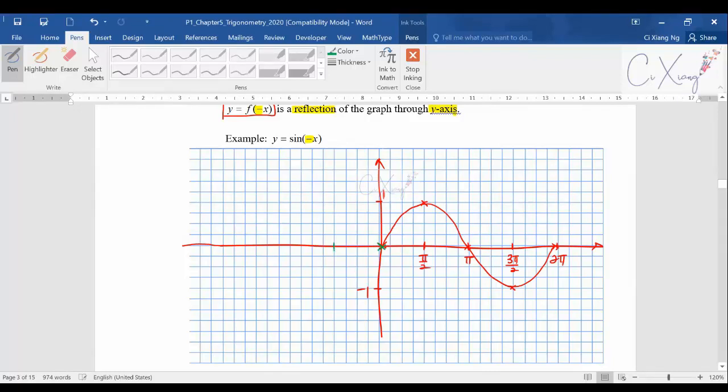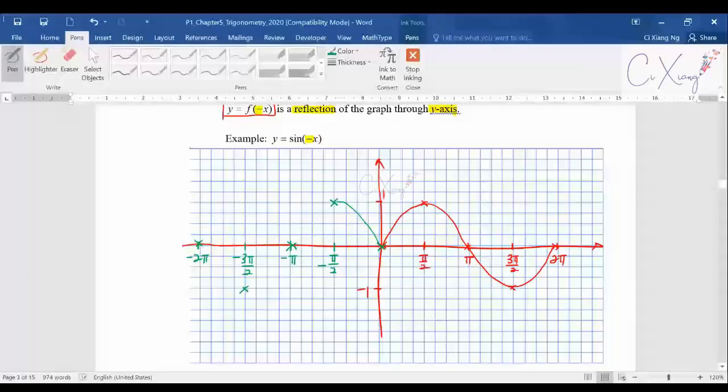Then again, I'm having negative pi over 2, and then negative pi, negative 3 pi over 2, and then negative 2 pi. So for pi over 2, you're having this point, so you reflect it to the left-hand side, it will become this. This point, when you reflect it to the left-hand side, it will become this, and so on. So you just assume that the y-axis is the mirror.